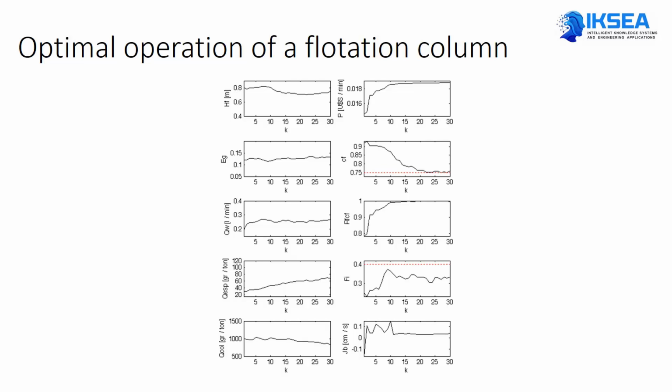When these objectives are translated into mathematical expressions similar to those already seen in the case of optimizing comfort and energy use, results like the one shown in this image are obtained. On the left, we have the decision variables, and on the right, the objectives.